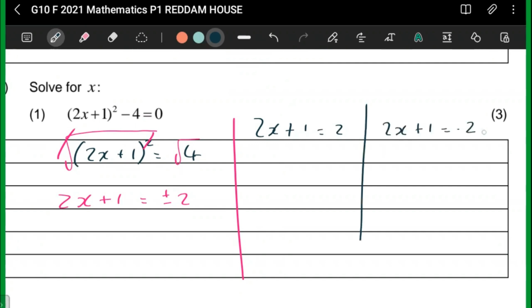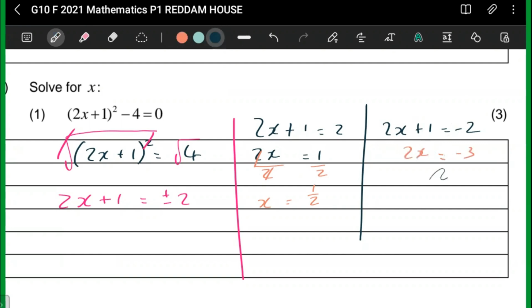So doing that, you're going to have here 2 minus 1 is a 1. And then if you divide by 2 on both sides, you're going to have x is a half. Here, the 1 goes to the right, so it's negative 2 minus 1, so it's like negative 3.